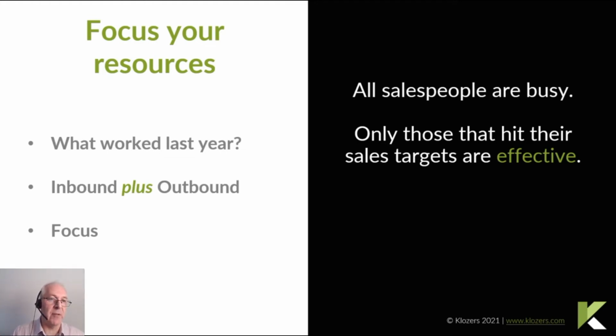So it's something that's been done by marketing. Outbound is typically done by sales. So in 2021, because of the lockdowns and everything, it's typically going to be things like cold calls, social selling, online networking, those sorts of things.